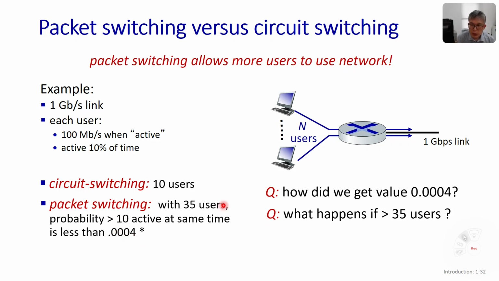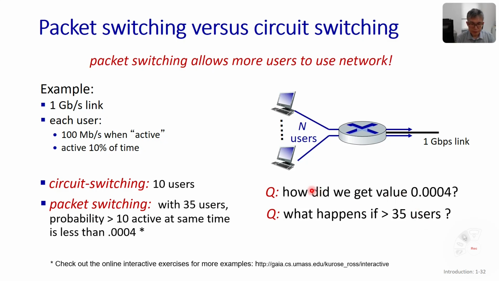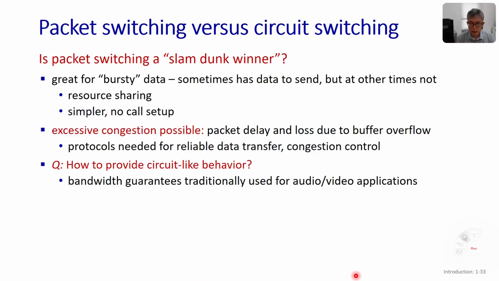And if we change the formulation a little bit, how did we get this value, and what happens if the number of active users is more than 35? How can we calculate that? This is your task. Please check the online interactive exercises for more information using this URL.